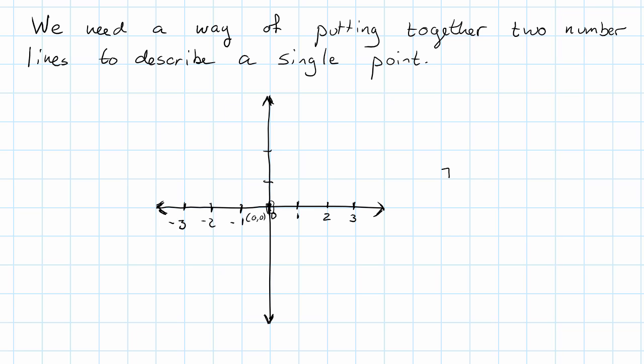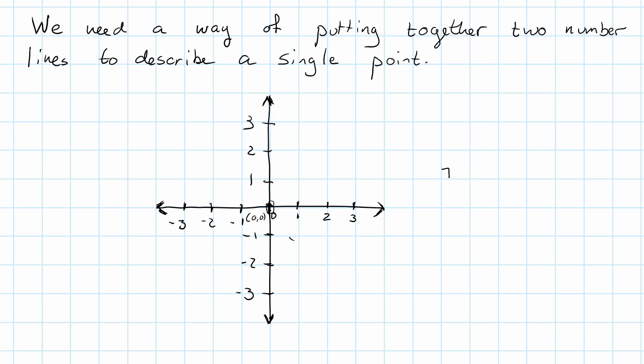Going upward, 0, 1, 2, 3, and downward, -1, -2, -3. Of course, I could continue these number lines as far as I liked in any direction, because they are, after all, number lines. They go on forever.